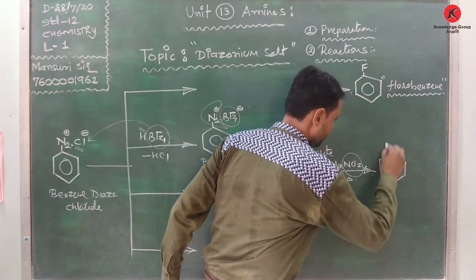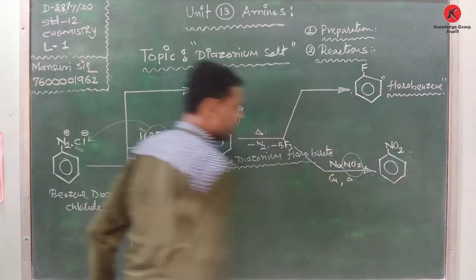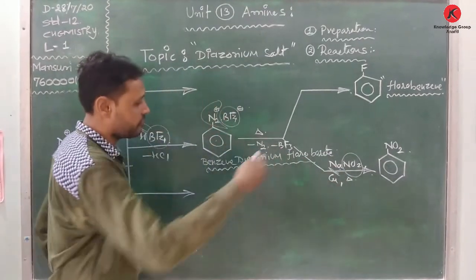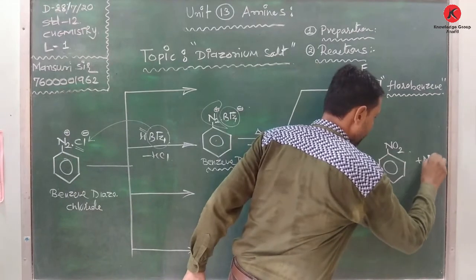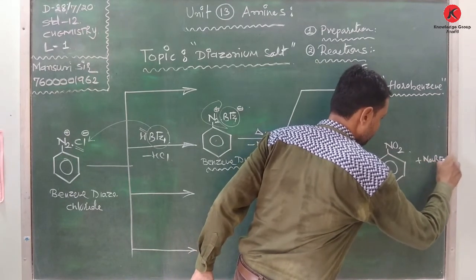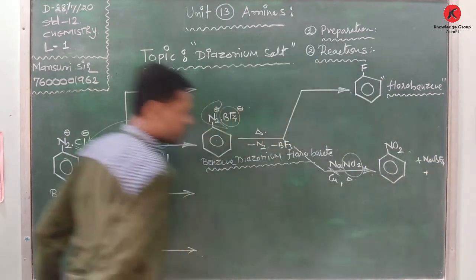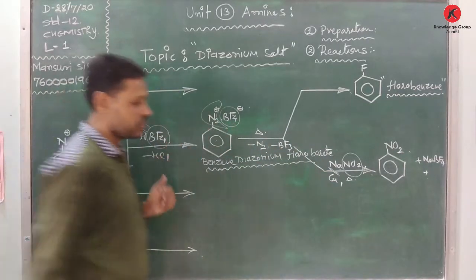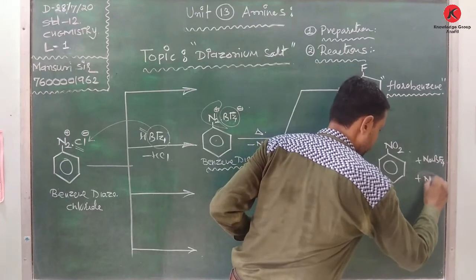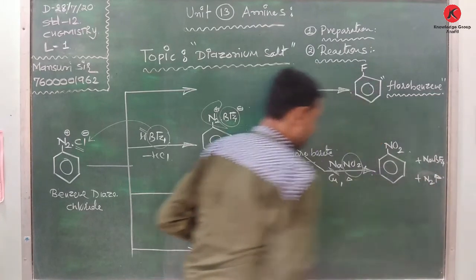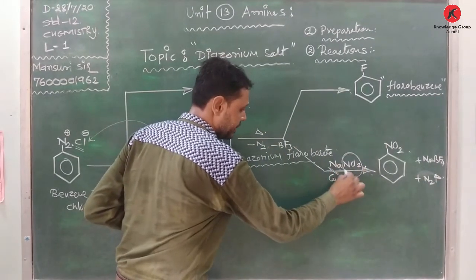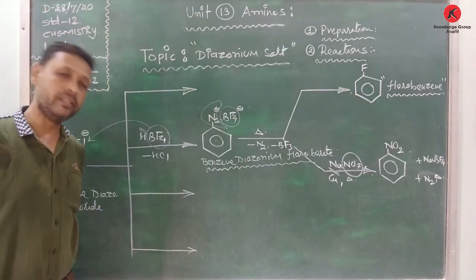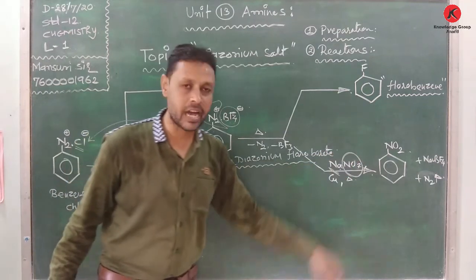So nitrobenzene is obtained. Now here sodium will combine with BF4, that is why NaBF4 is obtained. Now N2 is a gas which will be liberated, so only nitro will remain. That is why nitro attacks this benzene ring and nitrobenzene is formed.